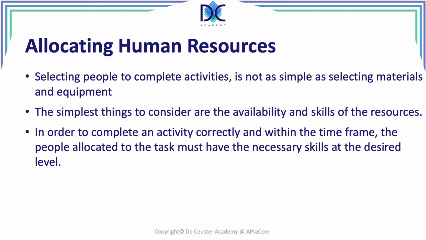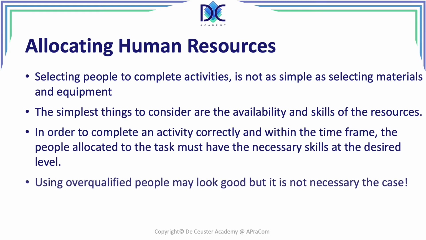When the skill level is lower, it will result in the activity taking longer to complete, while when people have higher skill levels, in general, we expect that the activity will finish faster. When we use overqualified people, it may be interesting, but it's not always the case. So we have to be careful what we do here.